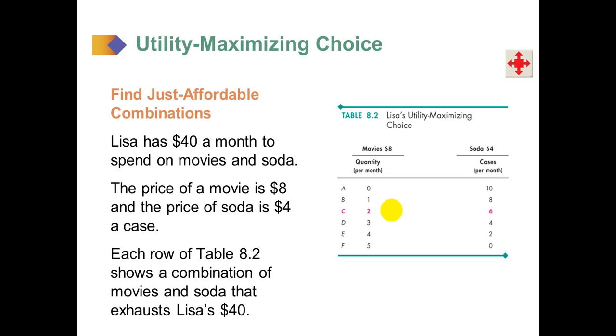Each row of table 8.2 shows a combination of movies and soda that exhausts Lisa's income, which equals $40.